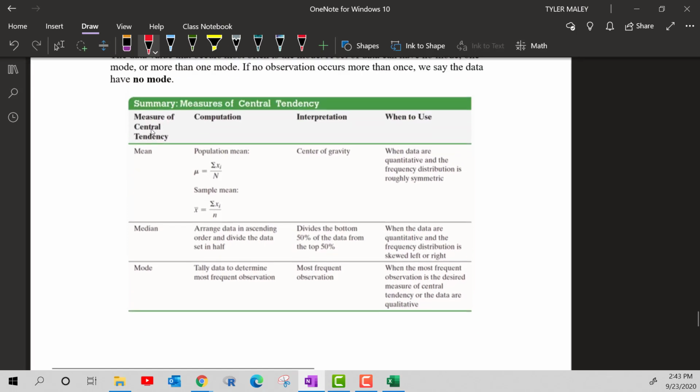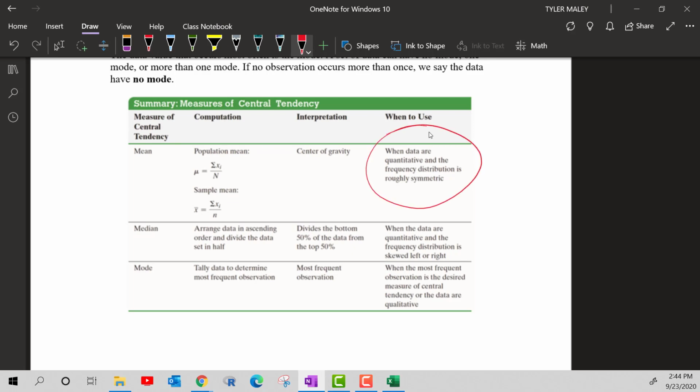Right? And then here's just a nice summary of some things that we've been doing. Definitely the interpretation. A mean is kind of like the center of gravity. It's like a balancing act. The interpretation for a median, where we're dividing the top and bottom 50% of the data. Also, the mean is good to use when your data set's roughly symmetric, right?